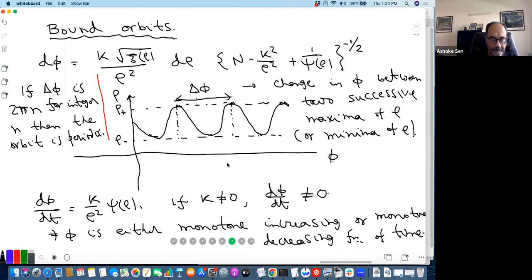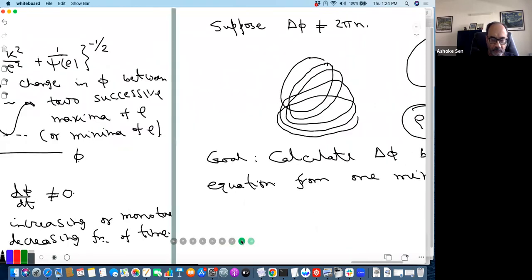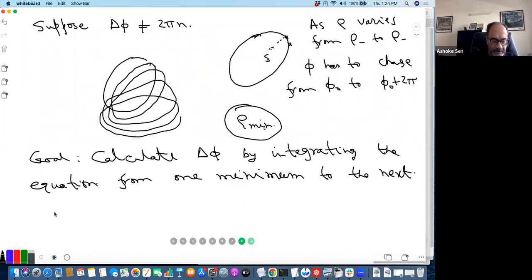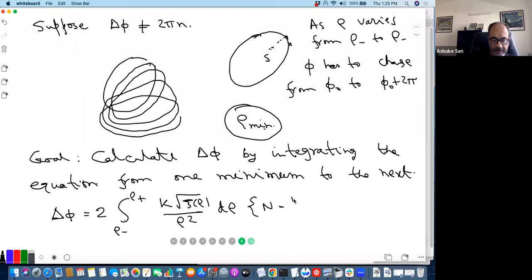So we can write, so delta phi that you want to calculate will be twice the integral from rho minus to rho plus of k d rho over rho square, times the square root of n minus k square over rho square plus 1 over psi rho.